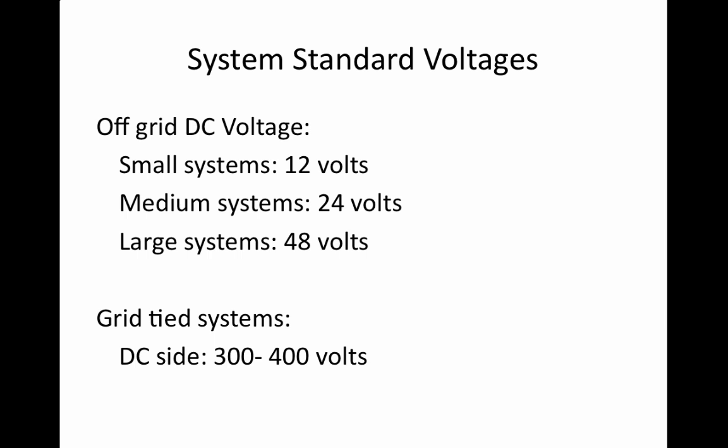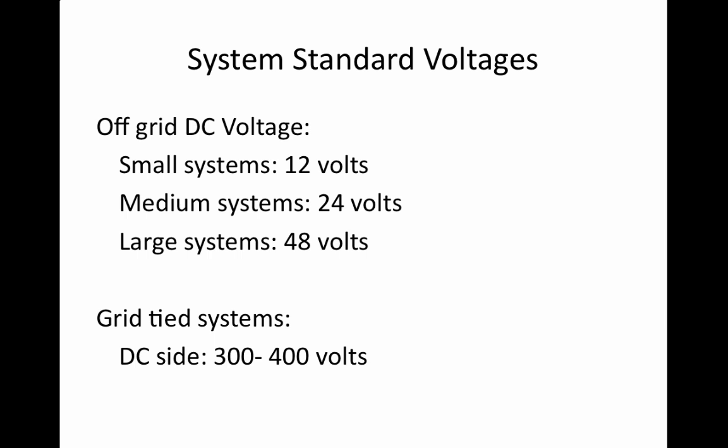On the AC side, the standard would be 110 to 120 or 120/240 as the options there. We'll talk more about that when we talk about AC, so you can understand what this option of 120/240 is, but that's a standard for AC.